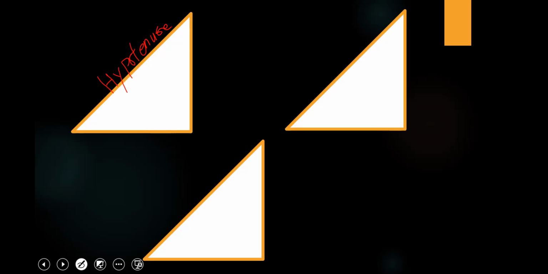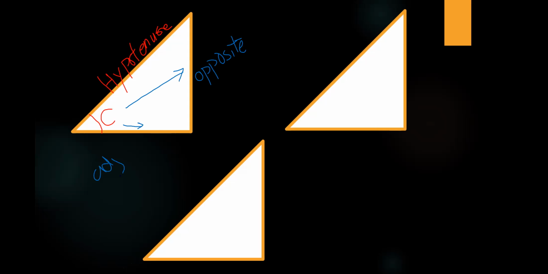Now, if I am talking about an angle which is here, let's name it angle C. If this is angle C, here we have the opposite, because this is the side that is opposite to the angle C. And here is the side that is beside it, so we call it adjacent.